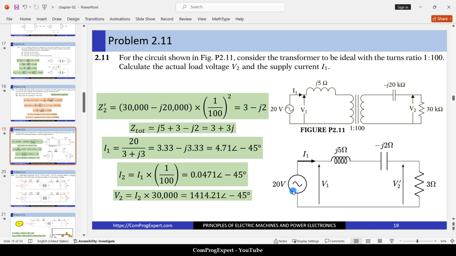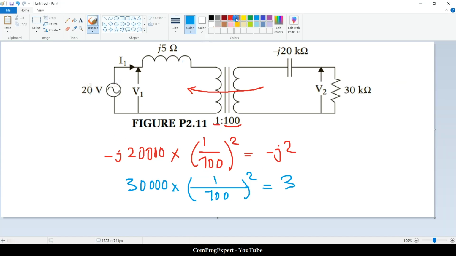We need to consider the angle of one voltage or one current source as reference to do calculations. So in this case, this is 20. This is the RMS value and its angle is 0. Okay, as reference in our calculations.